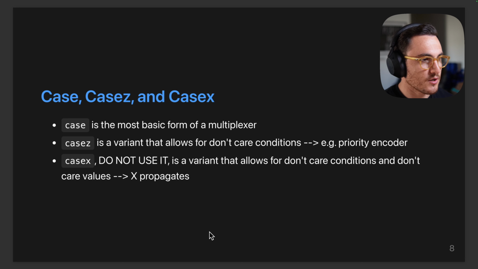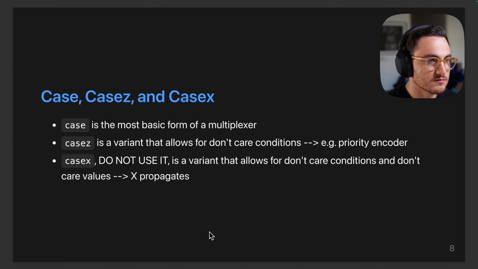One that you should never use is casex, which is a variant that allows for don't care conditions and don't care values, so X propagates. Whenever you have a casex, X in the inputs can propagate to the output, and this causes a lot of issues, especially when using Verilator where you don't have Xs, so it becomes even more challenging to debug.